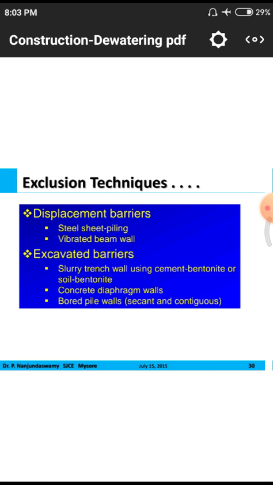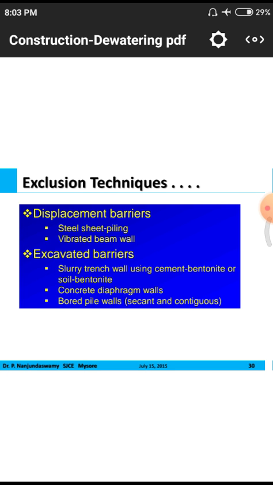Next we have displacement barriers. What are those? Normally we observe steel sheet piling, vibrating beam walls, and excavated barriers. In those excavated barriers we have a slurry trench wall using cement bentonite or soil bentonite.